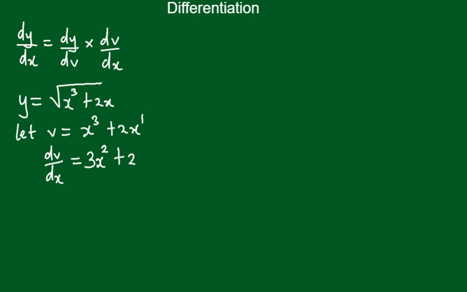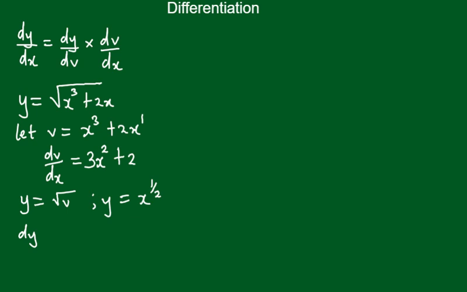Let's go ahead and find dy dv. So this implies that y is equal to the square root of v, because we've said x cubed plus 2x, that's v. So y equal v to the power of half, not x.